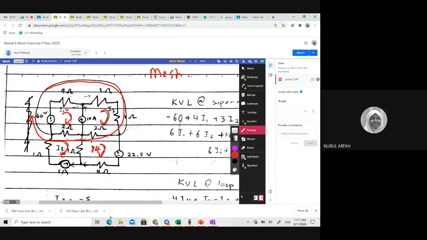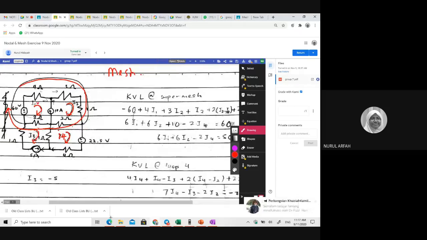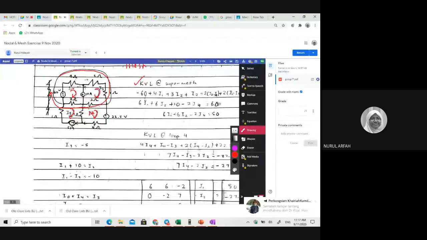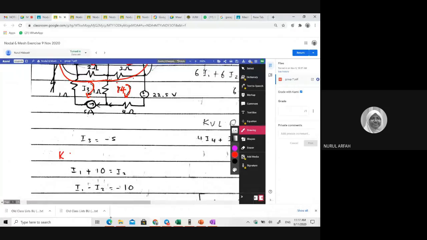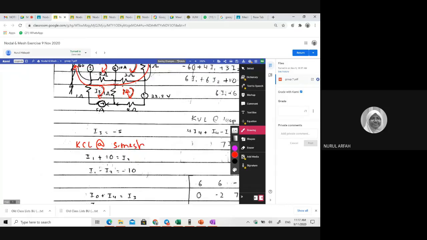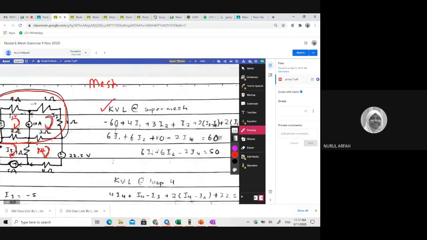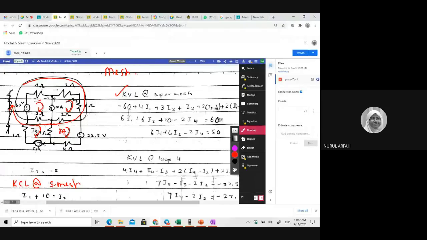Since we have a current source sharing between two mesh loops here, you have a super mesh. Okay, when you have a super mesh, you will have KVL and KCL. Where's KCL? Maybe over here, KCL and super mesh. Please write down properly, because you will make yourself easy later when you check your answer.